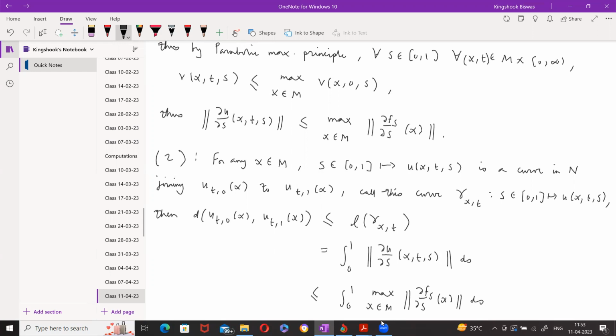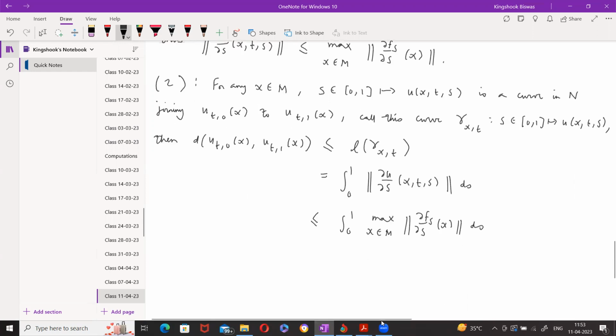This is a constant, so integrating from 0 to 1 just gives the value of this constant, max over x in M of the norm of del f_s del s of x. Is this clear?